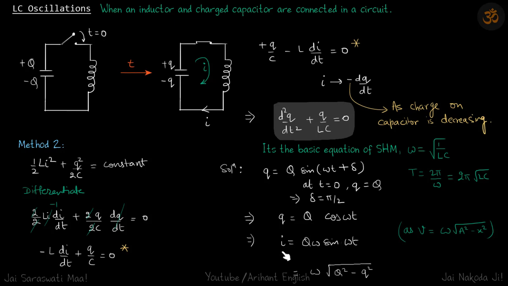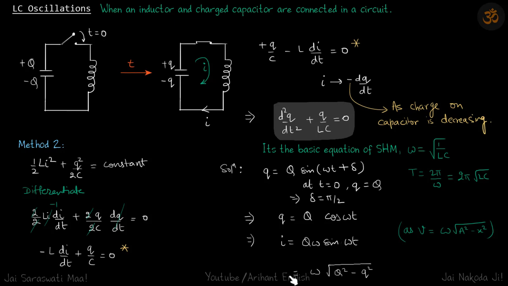Now I is not dq by dt, I is minus dq by dt. So if you do that, you will get I is equal to Q omega sine omega t. The minus of this and the minus of this get cancelled when you differentiate.